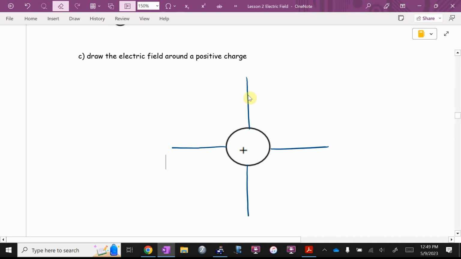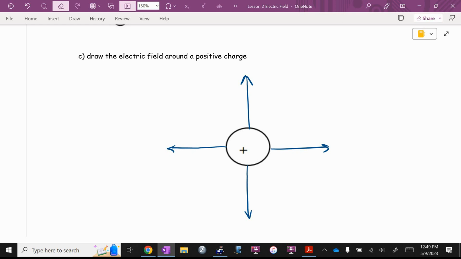On this top line, imagine a little positive test charge sitting right there. Which way would that positive want to move if it could? Up, away, repelled, or down towards, attracted? What about this right here? What about this? What about that?